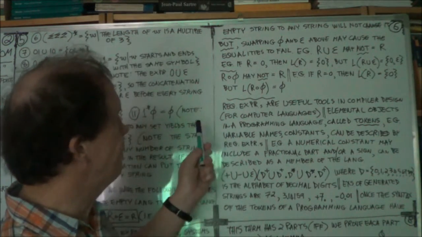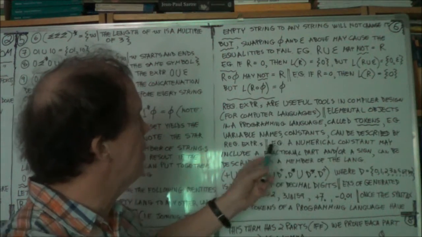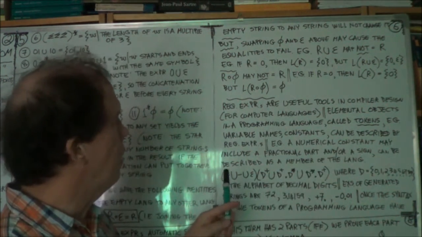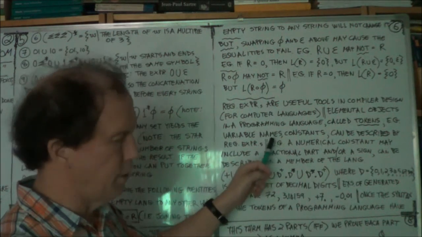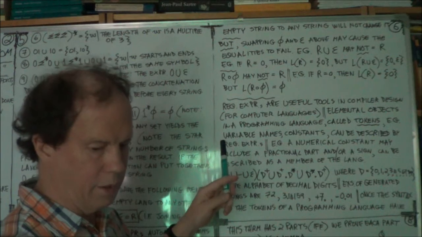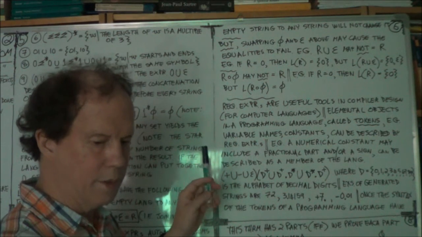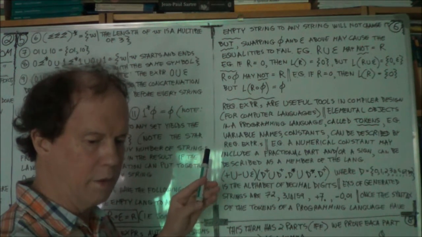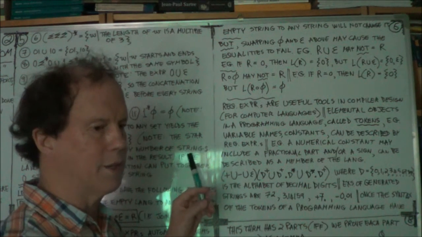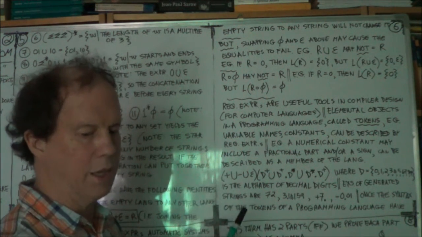Now, compilers use something called tokens, and what are they? Well, like variable names. A variable is some quantity that can take different values. Like in your program, you might say let x equal 2. Later, you might say let x equal 3.